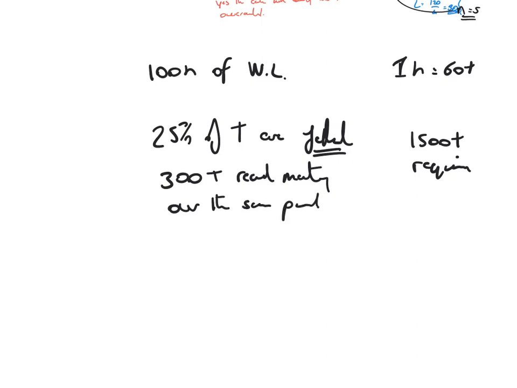Let's go with the recurrence solution to answer the question: will stocks be maintained at an acceptable level, a lower level being 1500?